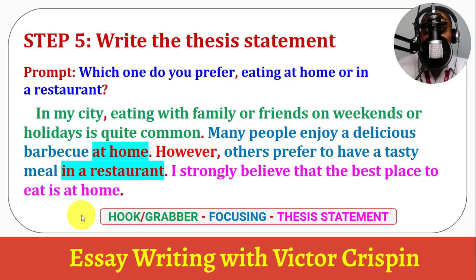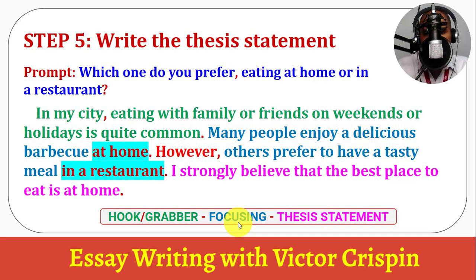So let's start with the prompt. Which one do you prefer, eating at home or in a restaurant? We start with the first sentence, with the first component, which is the hook or grabber. It says, in my city, eating with family or friends on weekends or holidays is quite common. Then we continue with the focusing, in which we present the two contrast ideas.